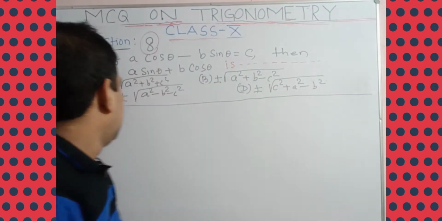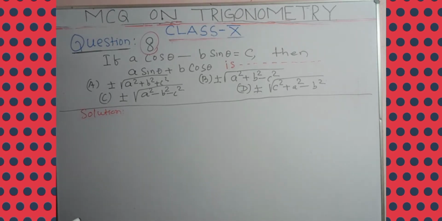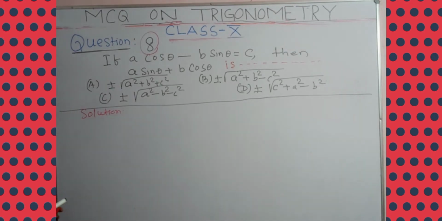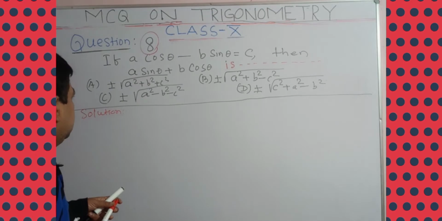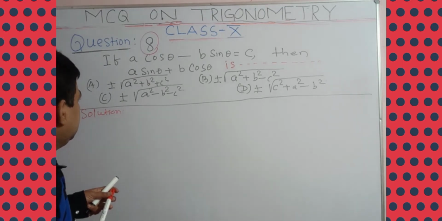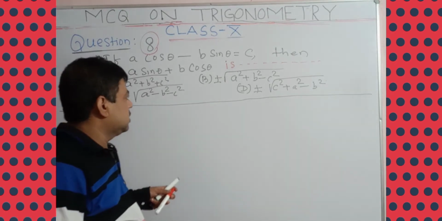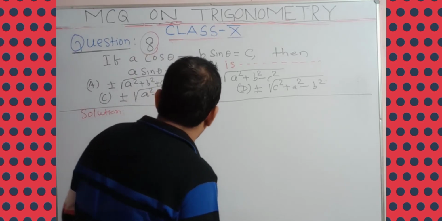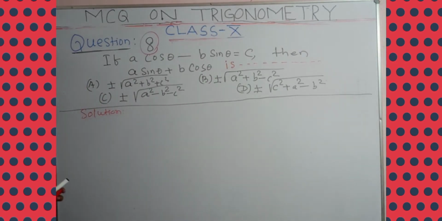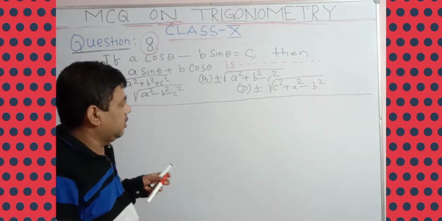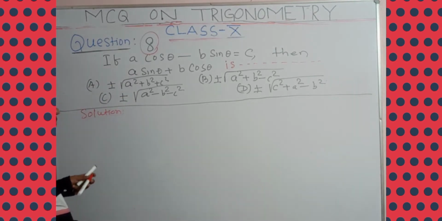Here the question is: if a cos theta minus b sin theta is equal to c, then a sin theta plus b cos theta is: option A plus minus square root of a square plus b square plus c square, option B plus minus square root of a square plus b square minus c square, option C plus minus square root of a square minus b square minus c square, and option D plus minus square root of c square plus a square minus b square. Which is the correct option you have to find out here.